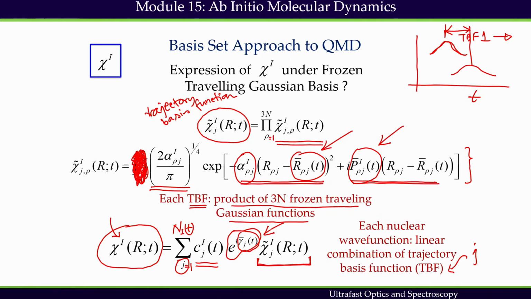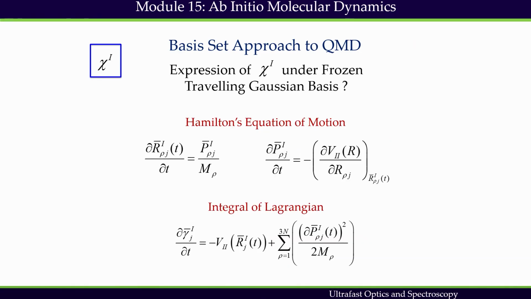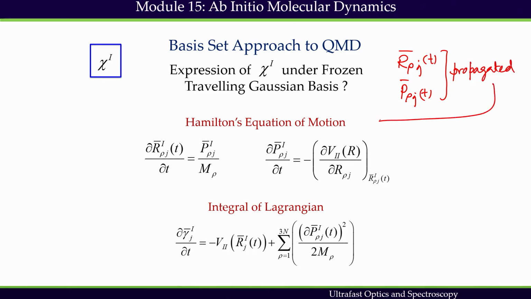This information I have to give, and this information will come from the classical equations of motion. For example, R bar_rho,j(t) and P_rho,j(t) are propagated following Hamilton's equations of motion.